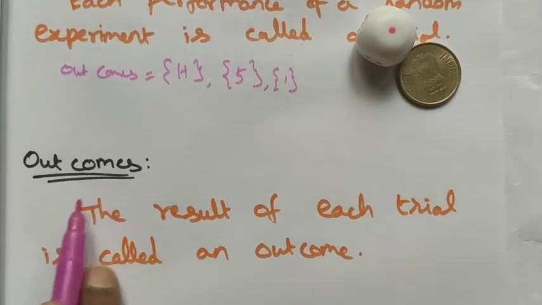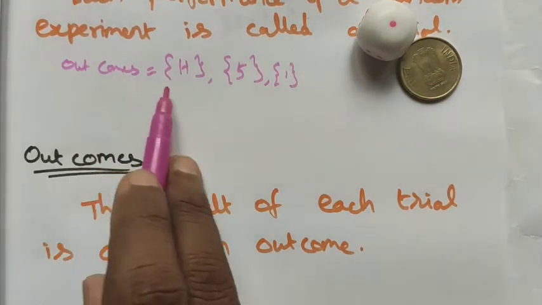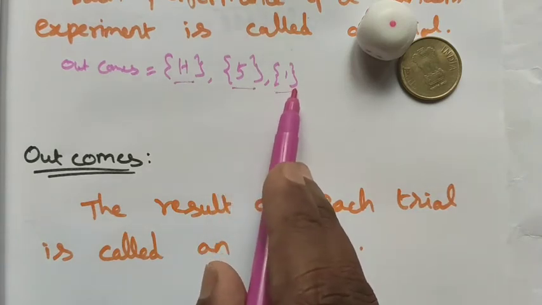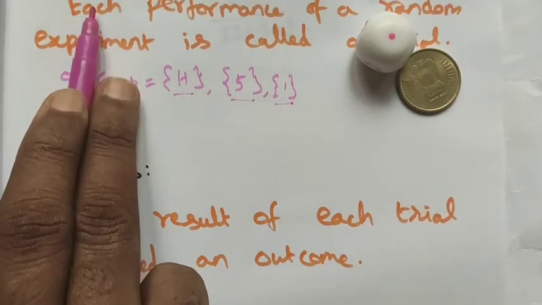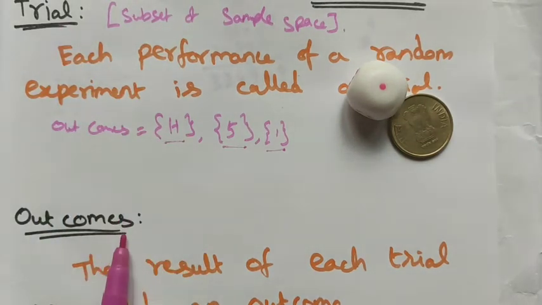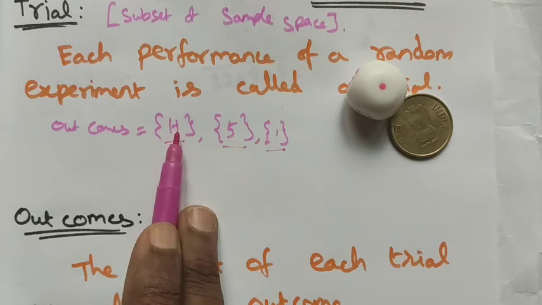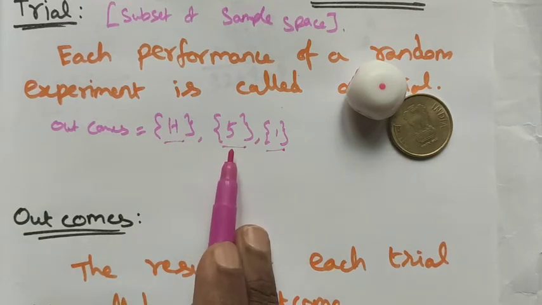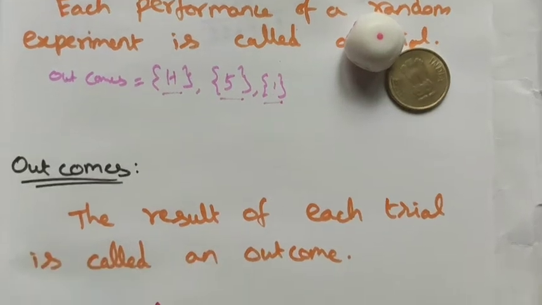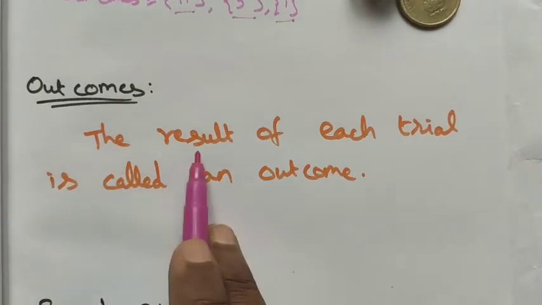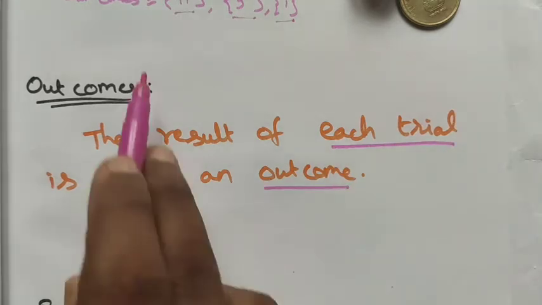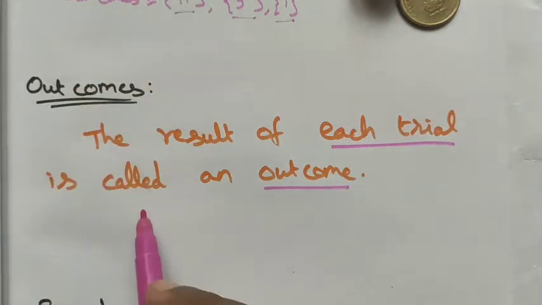And we see the outcomes here. What are the outcomes here? Head, 5, 1. So each result of the trial is the outcome. When we get head, that is the outcome. When we get number 5, that is the outcome. When we get number 1, that is the outcome in a dice. The result of each trial is called the outcome.